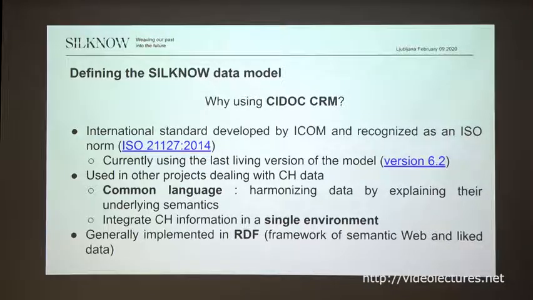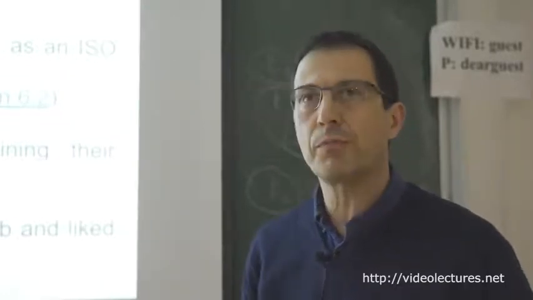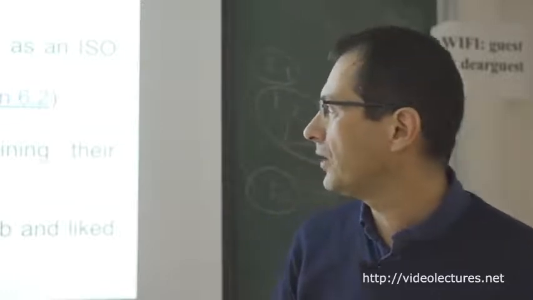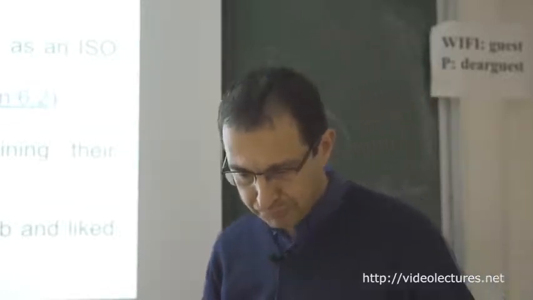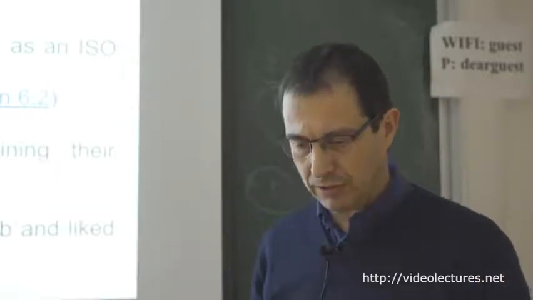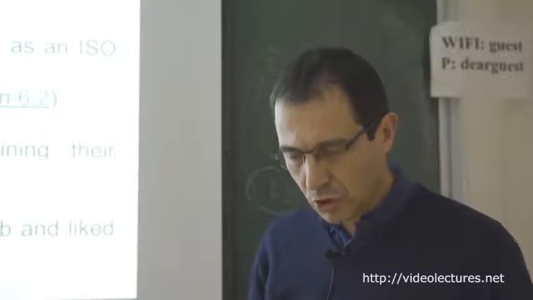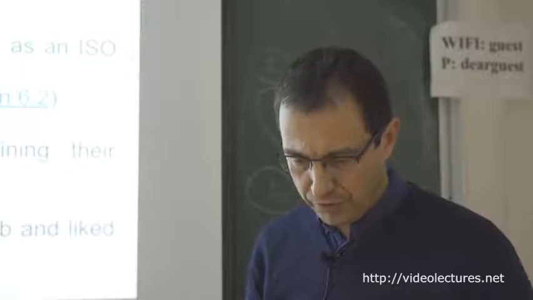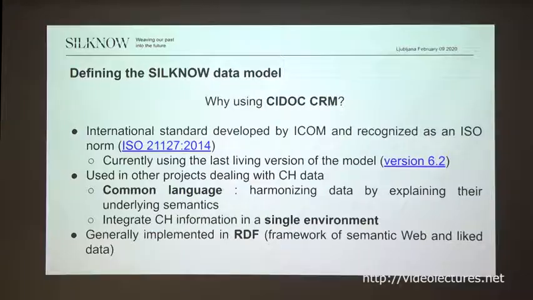We use it because it's currently used in other projects dealing with cultural heritage data, and it allows us to integrate cultural heritage information in a single and common environment. And moreover, it's generally implemented in RDF.